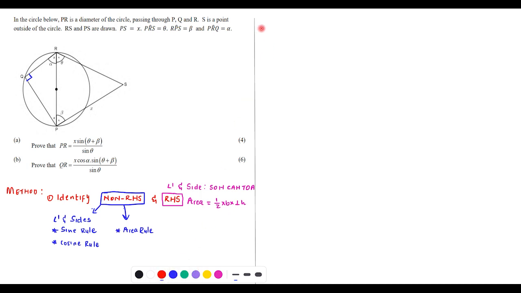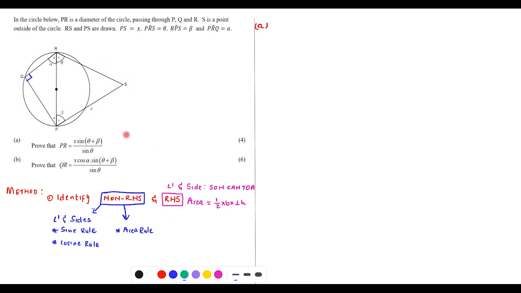Now our question says, let's prove that PR is equal to x sine theta plus beta over sine theta. So what is happening here? We want to find the length of PR, which is the diameter. The quicker way to do that is to always make sure that you look at the triangles where PR is located.